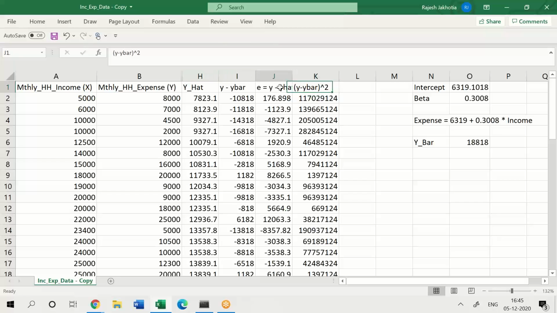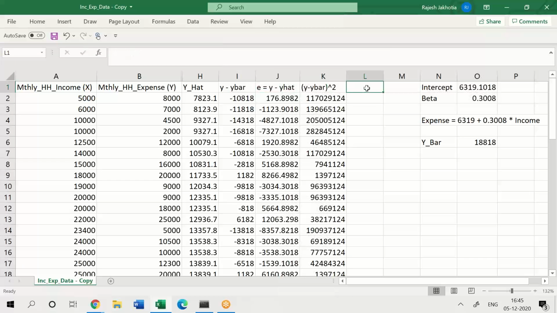Y minus y hat is error, but we don't minimize sum of error, we minimize sum of squared error. So I need to compute y minus y hat the whole square. So let's do that. Y minus y hat the whole squared. This is equal to this number multiplied by this number itself.